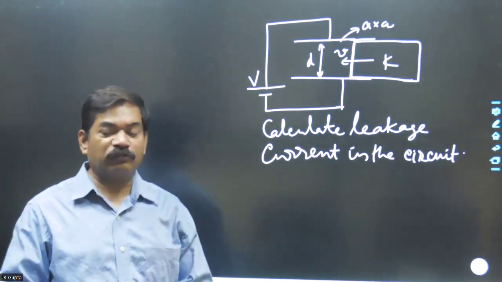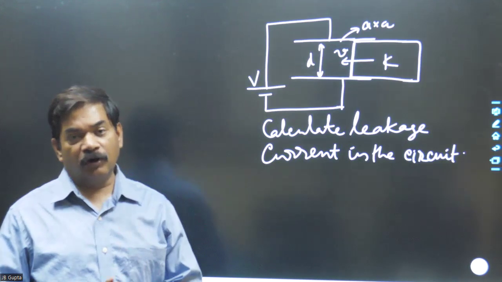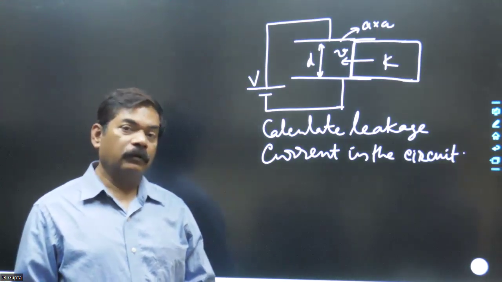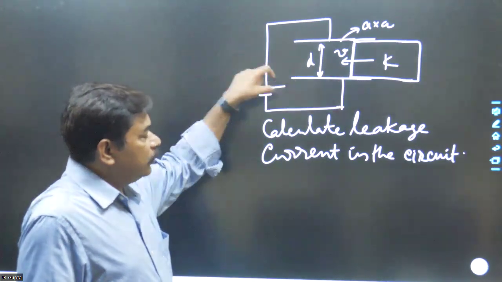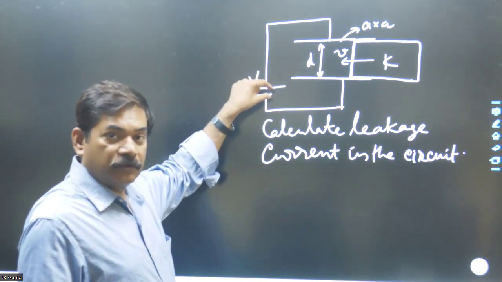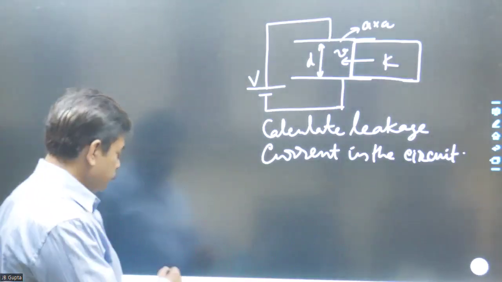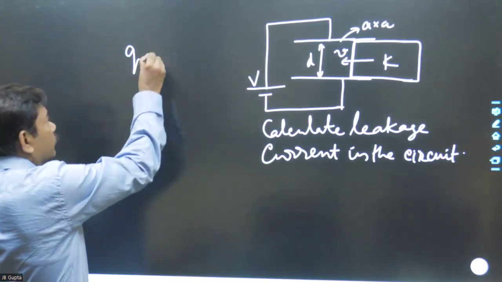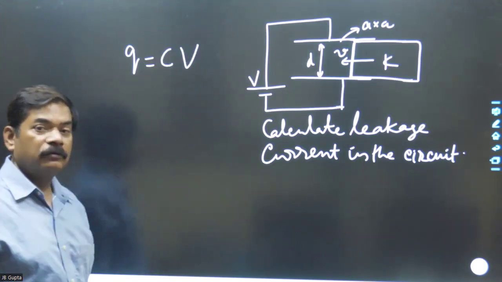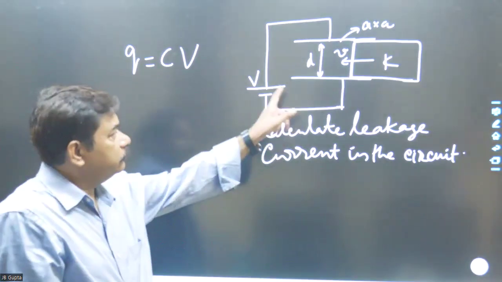So students, first of all, see what is the meaning of leakage current. Because voltage is fixed, the charge Q on the capacitor will be equal to CV. Voltage V is constant.